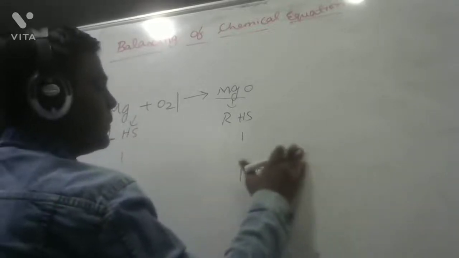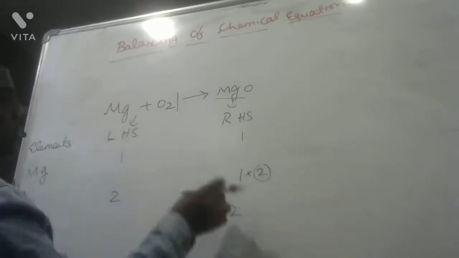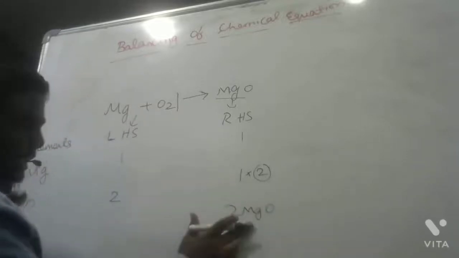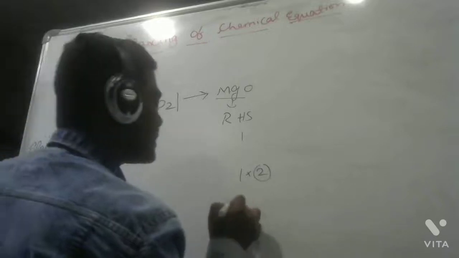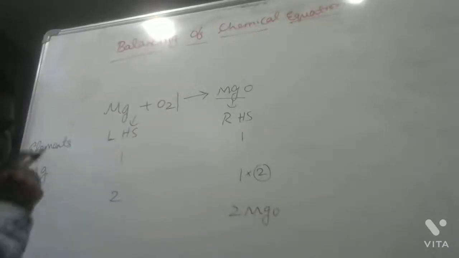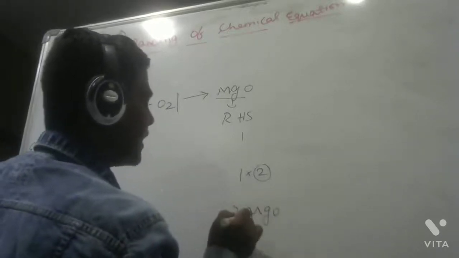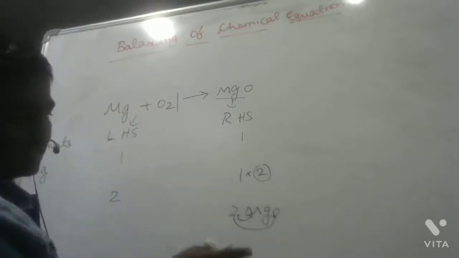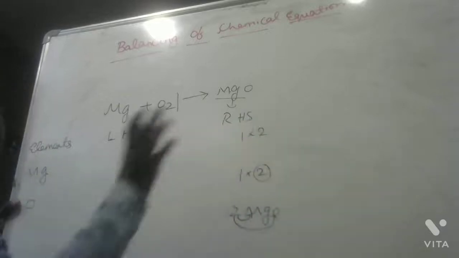No. So this 2 will be taken common out of MgO, and this 2 is applicable for magnesium and oxygen also. So this side it is 2 MgO. Now this 2 is multiplied with this Mg and even with this oxygen. Already oxygen it is done. Coming to Mg, this Mg is also multiplied with 2.